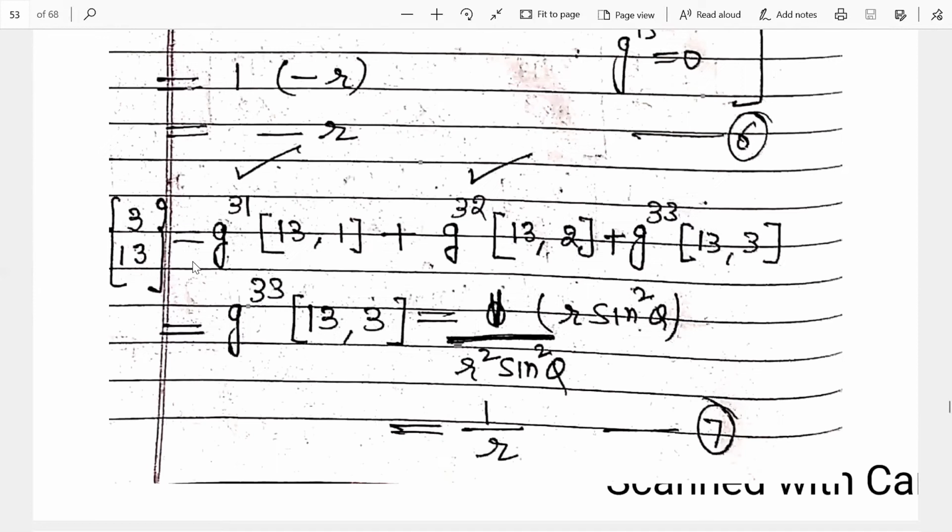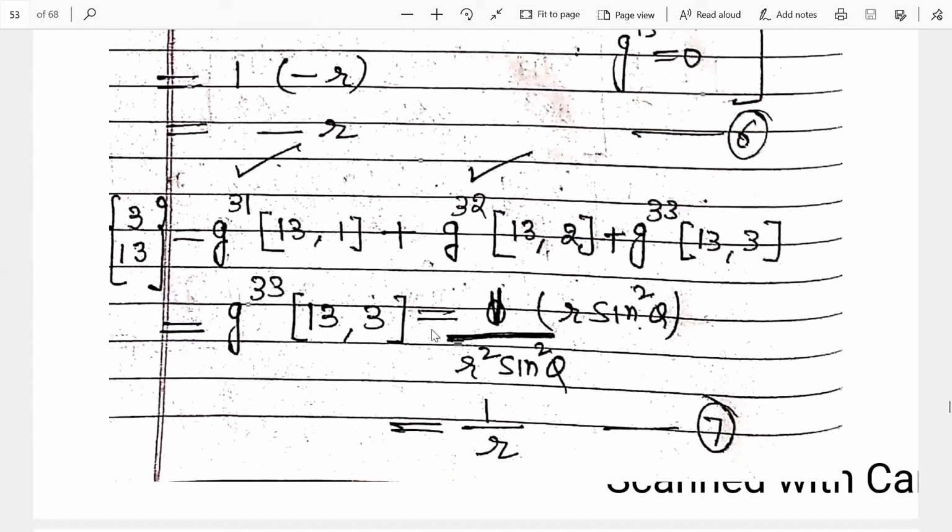Now, we know that g^32 and g^31 are not diagonal entries. These terms are 0. That is given. If these terms are 0, the first part of the equation is 0, the second part of the equation is 0. So the remaining part is this.